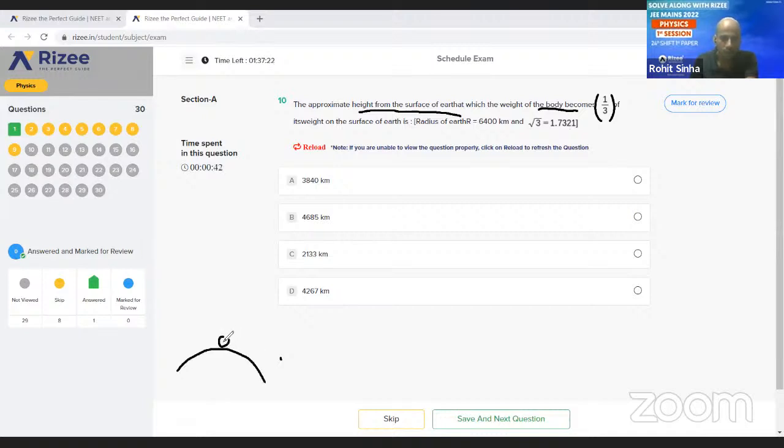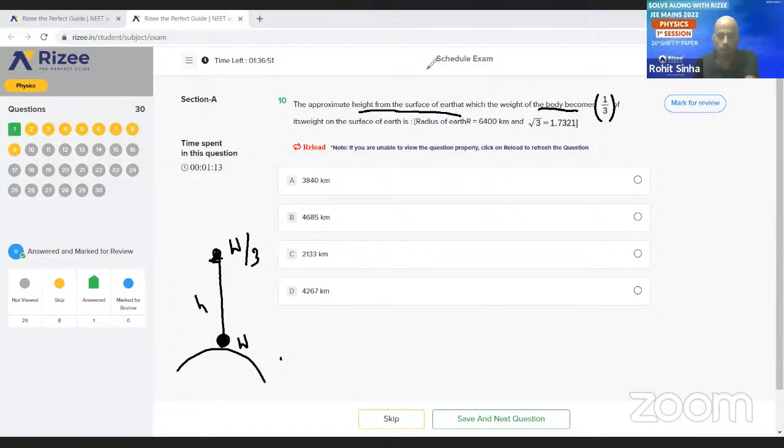On the surface of earth the weight is, let us suppose, W. When it goes to some height h, how much does it become? It becomes W by 3.